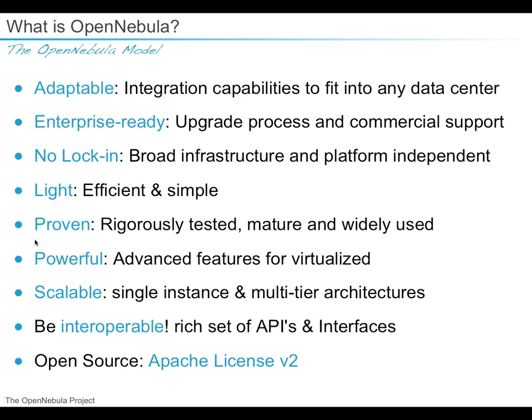For instance, you have the deploy script that launches the virtual machines for KVM, and there's another version for Xen and another version for VMware. They are simple scripts that really give OpenNebula the adaptability to fit into any data center, because the integration capabilities are very good.